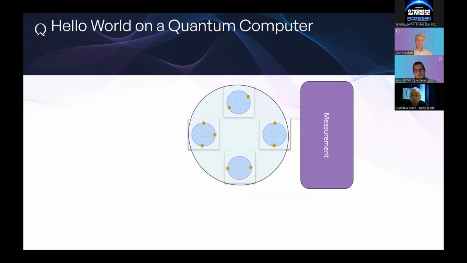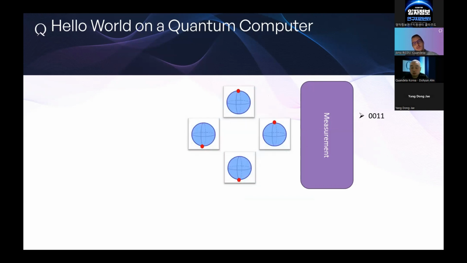Once we did the operations on those qubits, we need to measure them in order to know what the results are. And we need a qubit specific measurement. From that, you have a probability to get a specific outcome. Remember the Born rule.